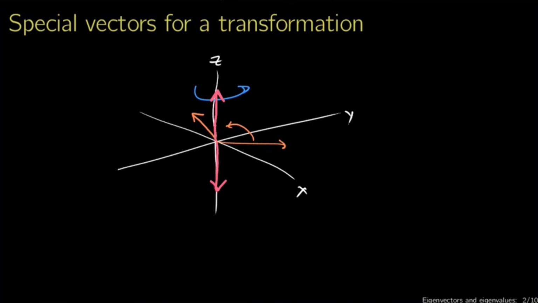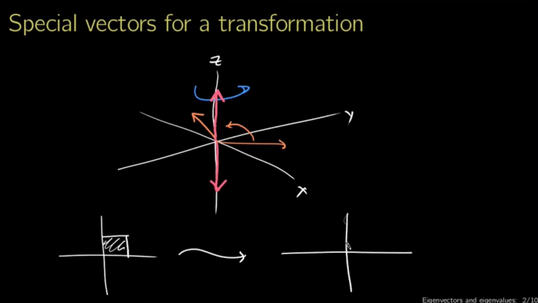And it's not simply the vector that points along the z-axis in a rotation like this. Suppose I have just 2 dimensions now, and consider a transformation that takes a box shape like this and maps it to something that's skewed, stretched out in the x direction and smooshed over in the y direction. You can probably imagine what one of the vectors that remains unchanged would be.